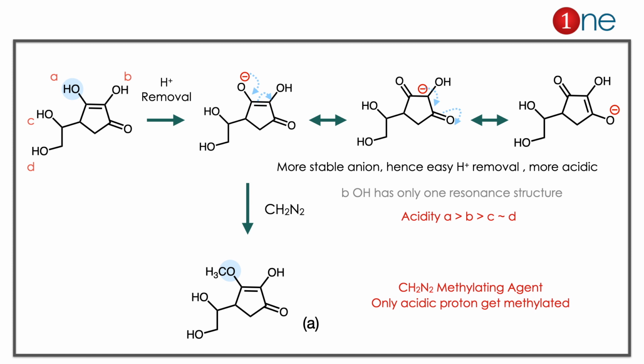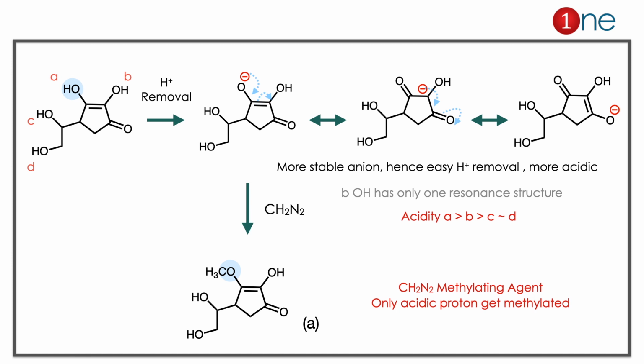So there is a possibility of A and B, but A has higher acidity because of more resonance forms. If the hydrogen is removed from the system, the oxygen enters into the system by resonance, and the double bond moves to the carbonyl. So you have 3 different resonance-stabilized forms. Similarly, B is in conjugation but it will have only one resonance form, so the A hydrogen is more acidic.